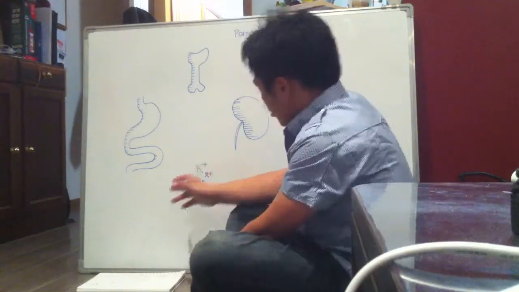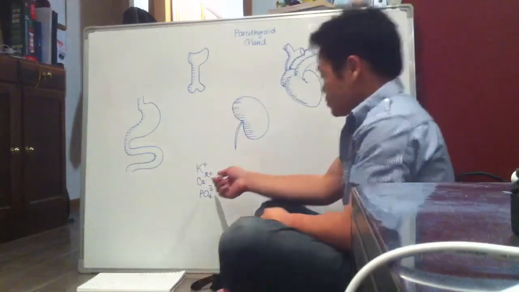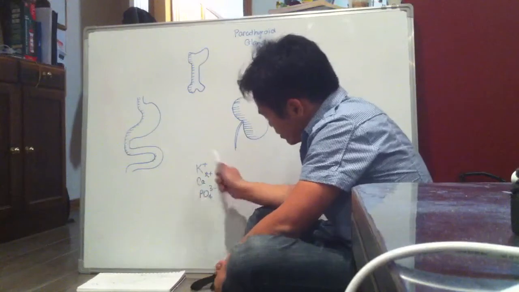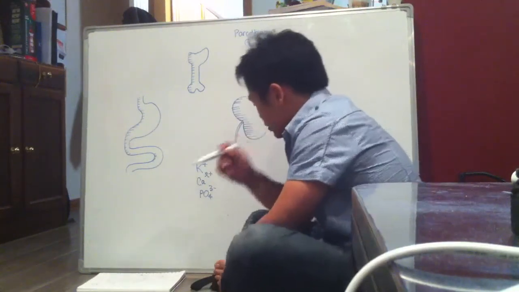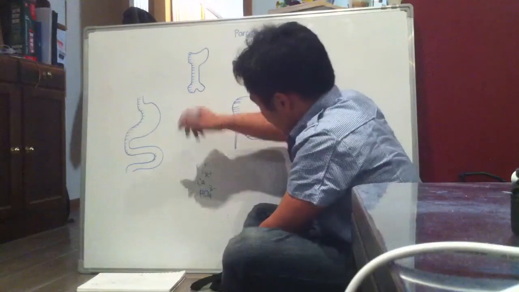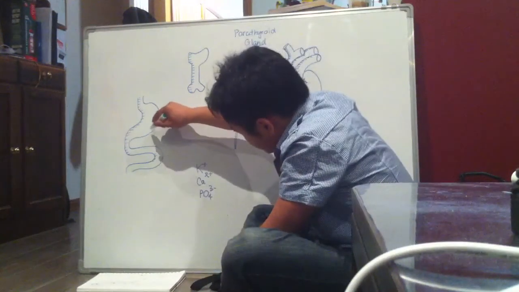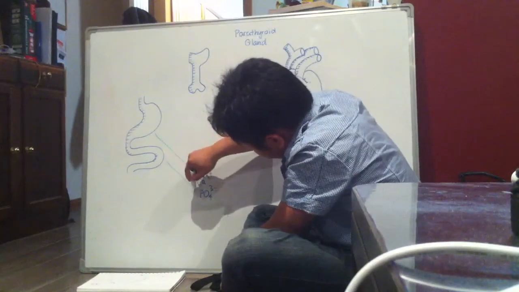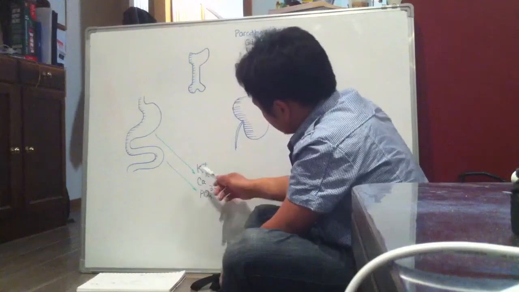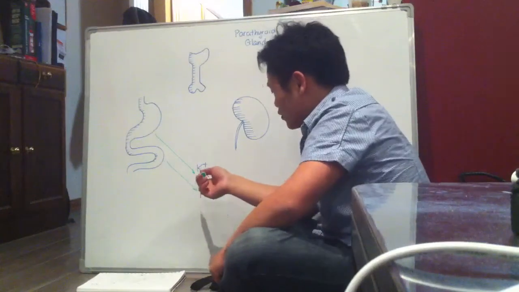Where do we start? Normally we have calcium, so we've got a balance of these electrolyte ions in our body, and we get calcium from our food. So let's draw an arrow. And calcium, phosphate from our food also. Phosphate is really abundant in food.